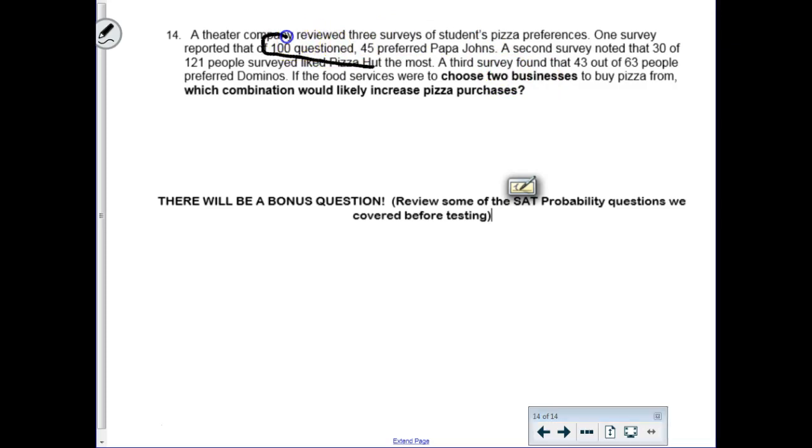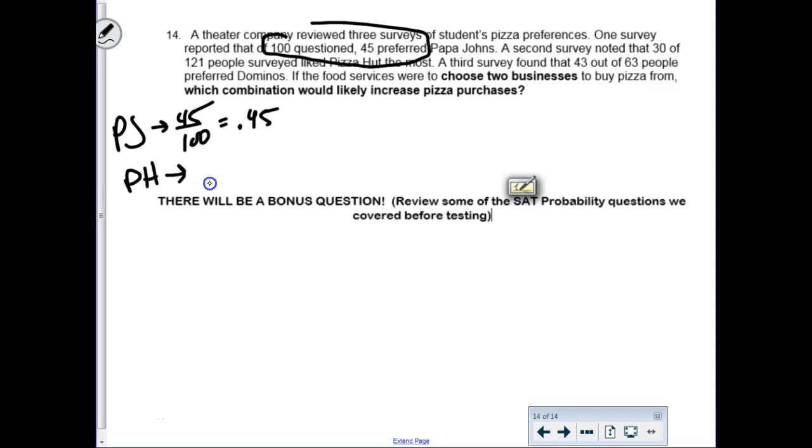So you're going to start with, whoops, Papa John's is 45 out of 100, which is 0.45. And then there's another survey that talks about Pizza Hut, which is 30 out of 121, which I haven't calculated yet. And then the third survey is Domino's, which is 43 out of 63.